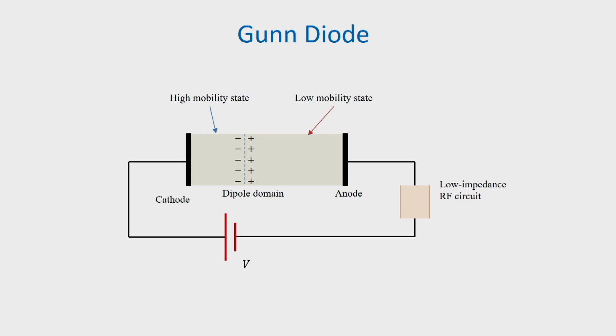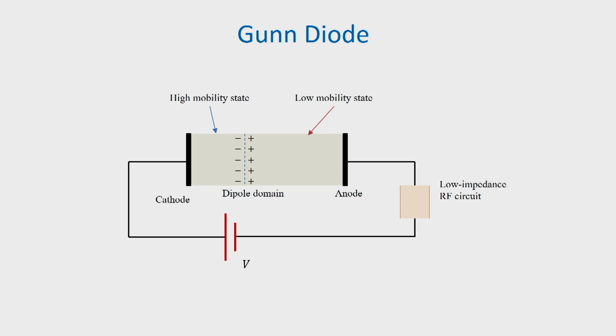This dipole domain formation is shown here, and we have high mobility states on one side of it and low mobility state at the other.